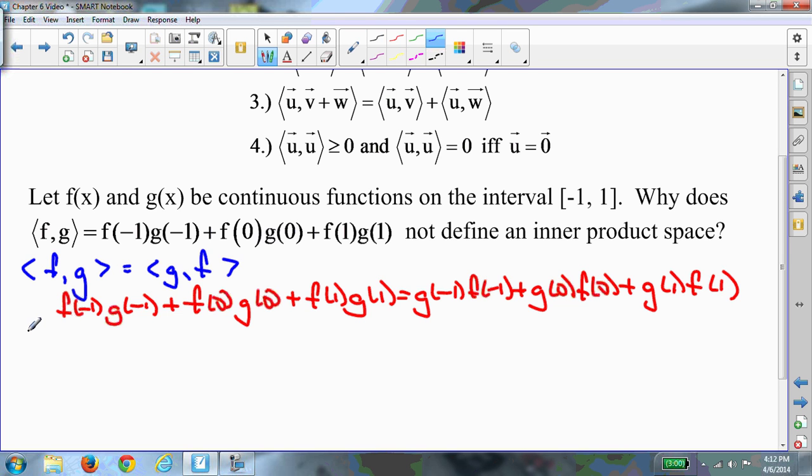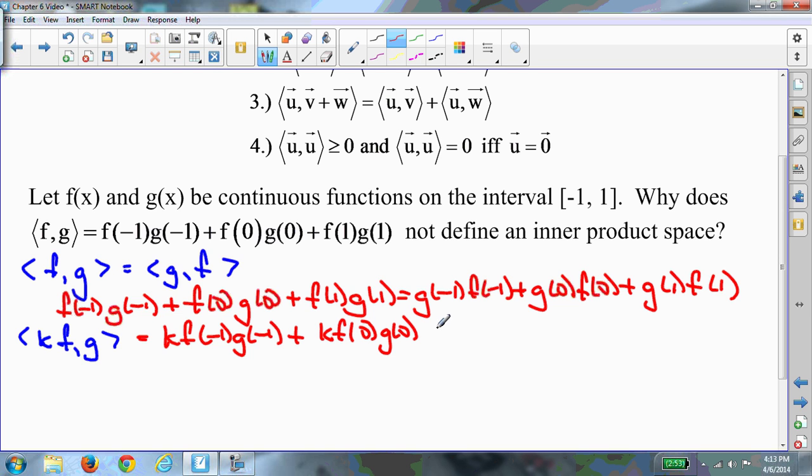Now, if I do something like a scalar, <kf, g>, if I were to rewrite this, this would equal kf(-1)g(-1) + kf(0)g(0) + kf(1)g(1).